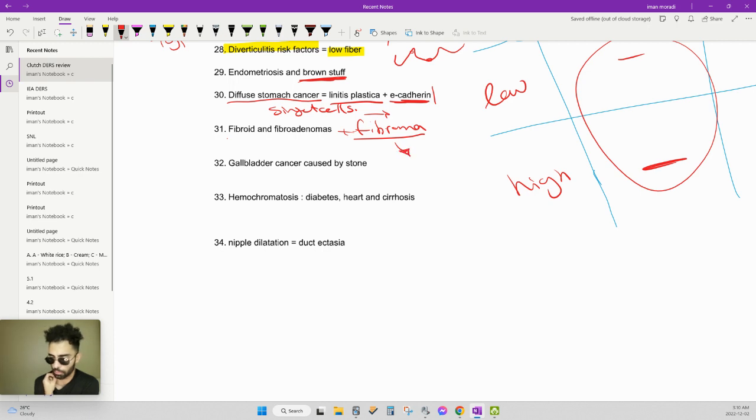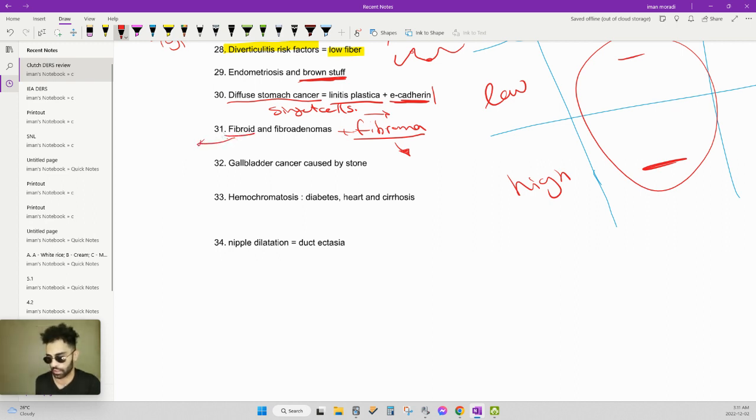It can lead to Meigs syndrome, which is basically you have the fibroma and you have some ascites and you have liquid in your pleura, a pleural effusion, right? This triad is known as Meigs triad. So that's for a fibroma.